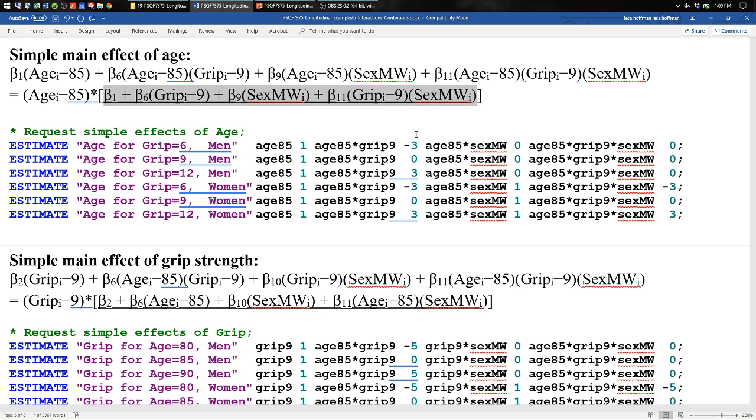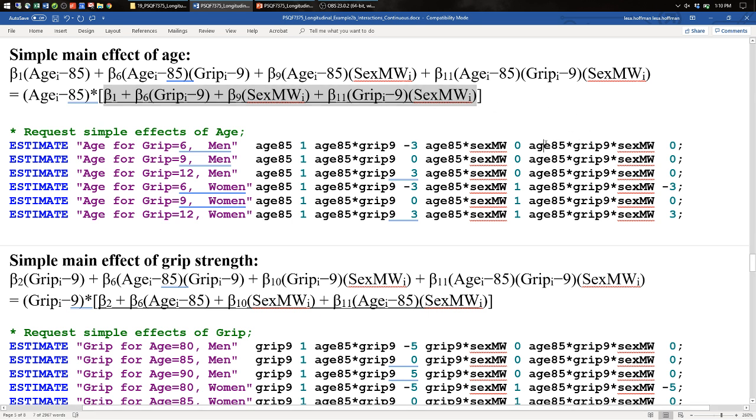Likewise, the two-way interaction of age by gender, we've already given age the 1, so the value that goes into age by gender is the value for gender. So this is for a man. And then last but not least, -3 times 0 is 0.